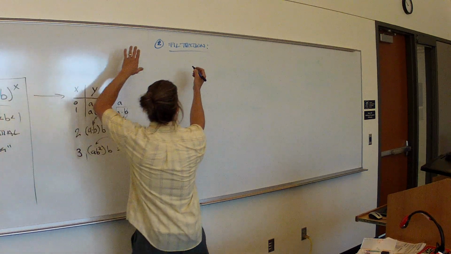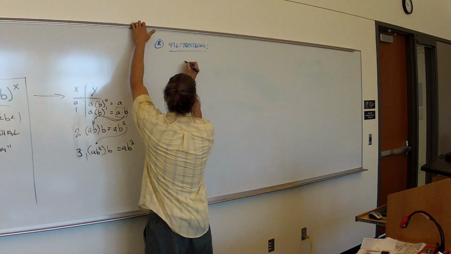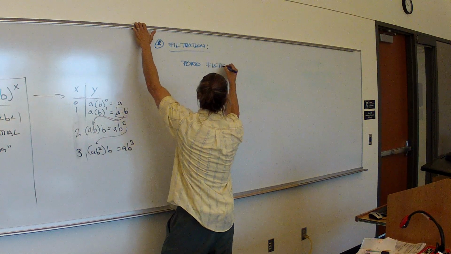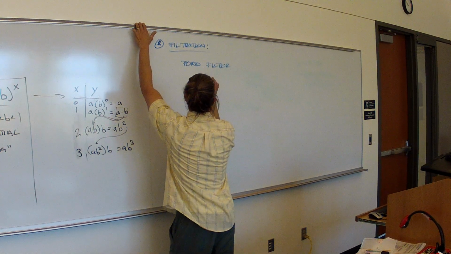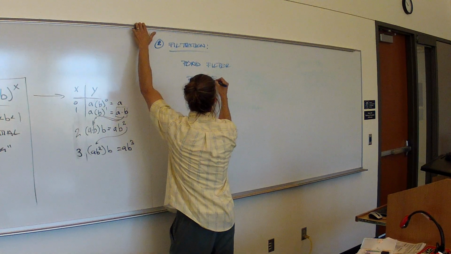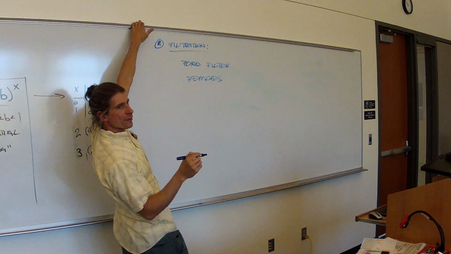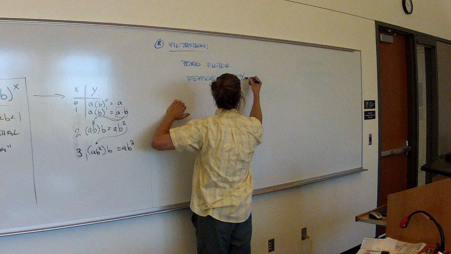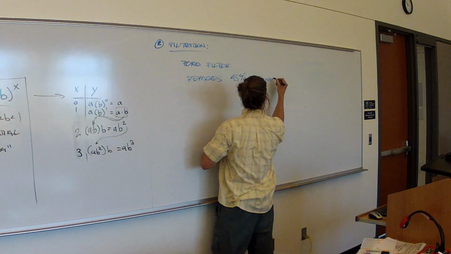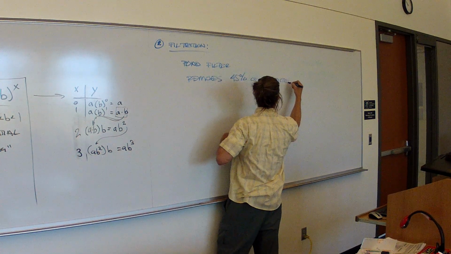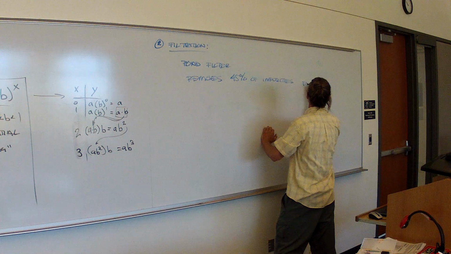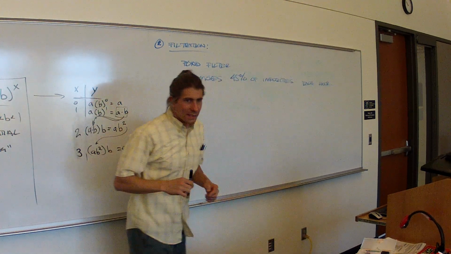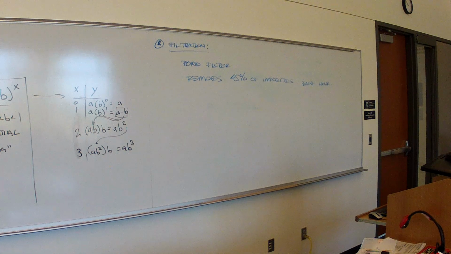So let's say a pond filter removes, let's say it's a pretty efficient filter, 45% of impurities each hour.